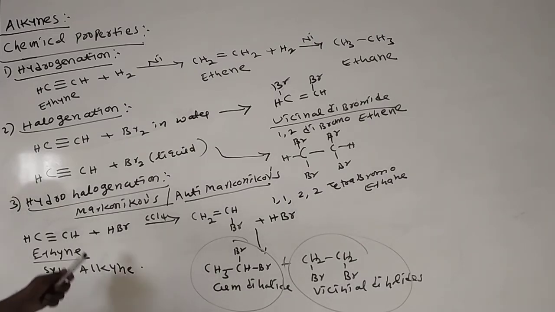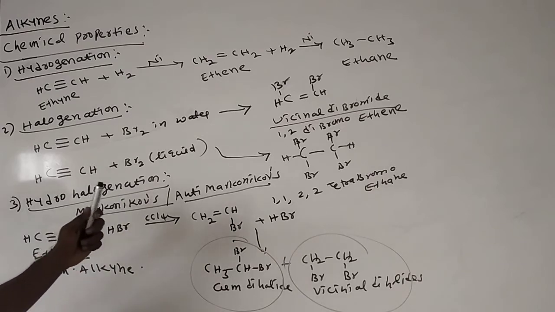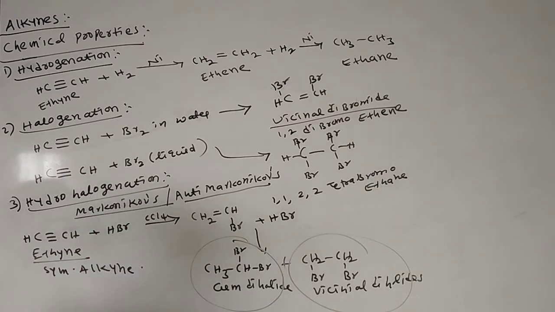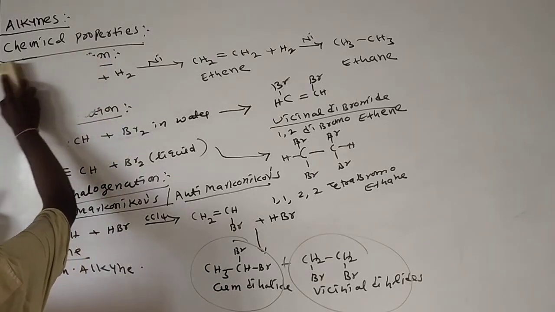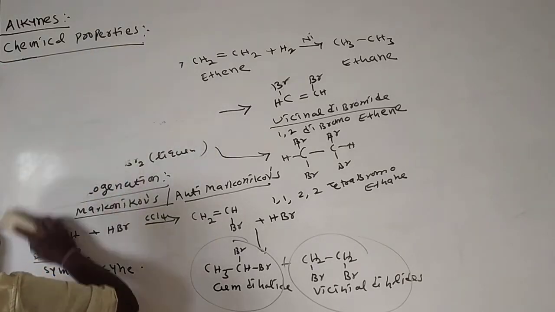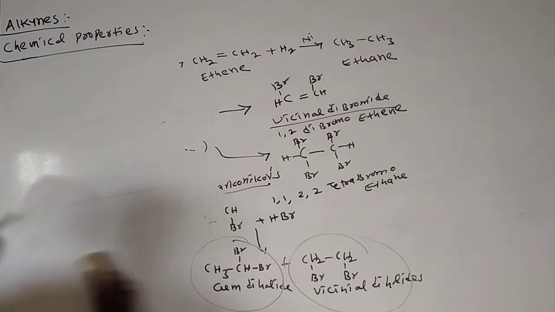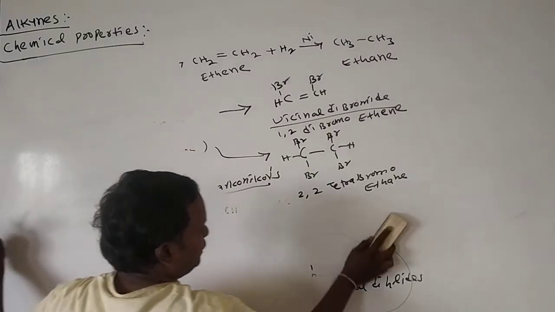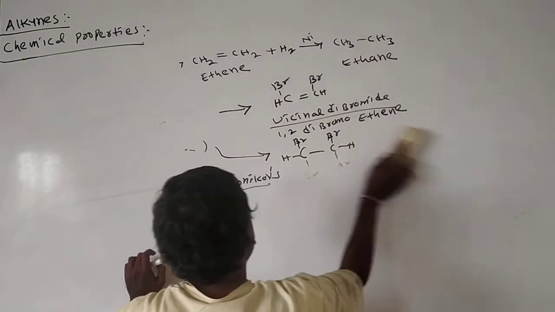Unsymmetrical alkynes proceed through the Markovnikov rule and anti-Markovnikov rule. We'll see one example. Hydrohalogenation in unsymmetrical alkynes.